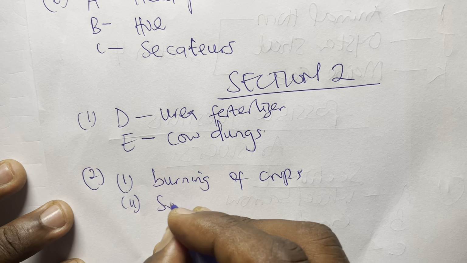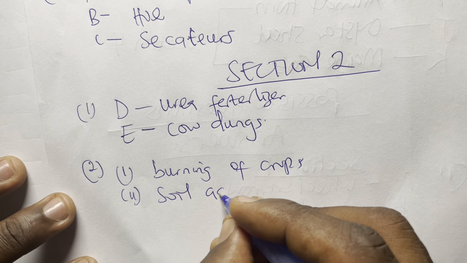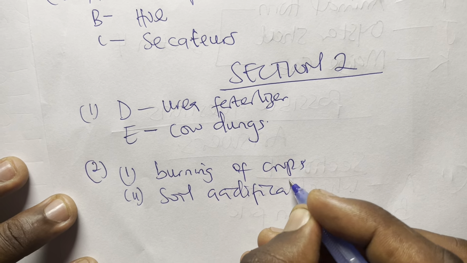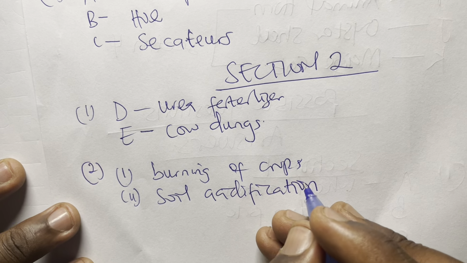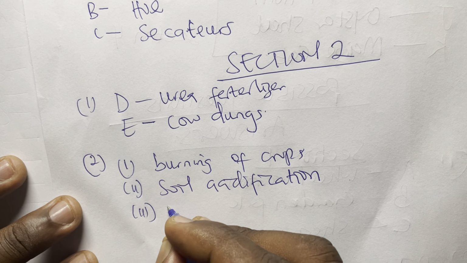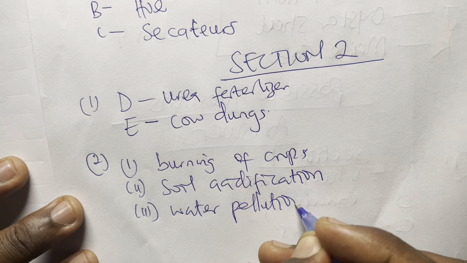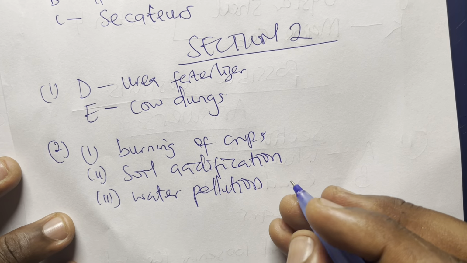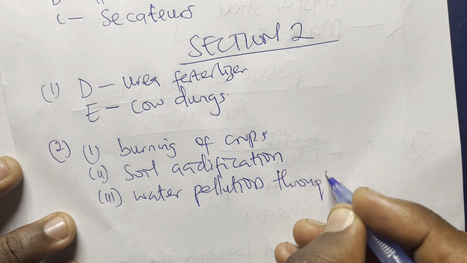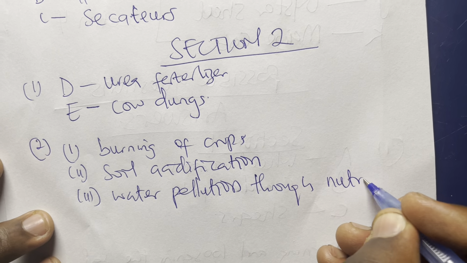Another one is that it's going to lead to soil acidification. And it is also going to lead to water pollution. Excess addition of this urea is going to lead to water pollution through nutrient leaching.